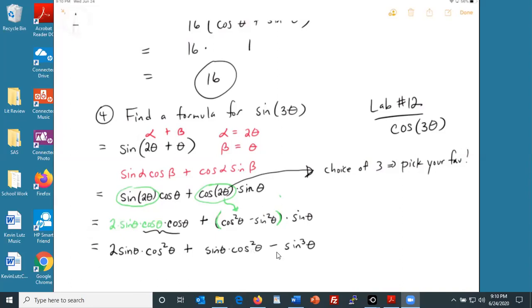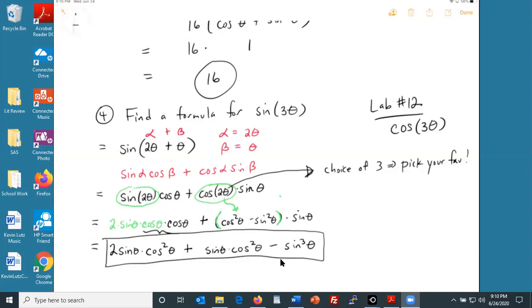All right, so these last couple terms here I got by distributing the sine of theta. So I did sine times cosine squared is this middle term, and then I have sine times sine squared. Remember, like x times x squared is x cubed, sine times sine squared is sine cubed, but there was a minus sign in front of the squared term, so that carries down. So that is my final answer.